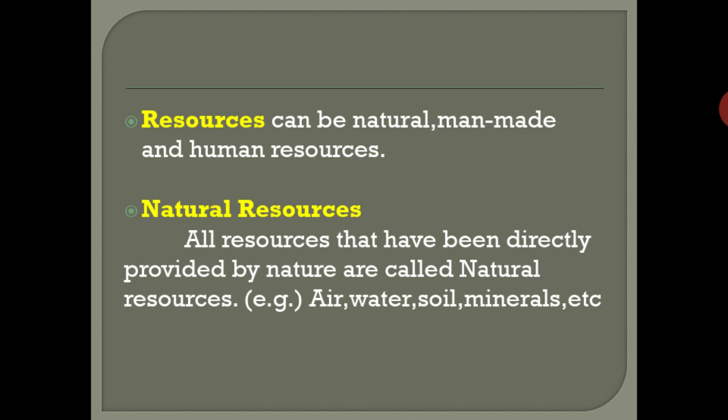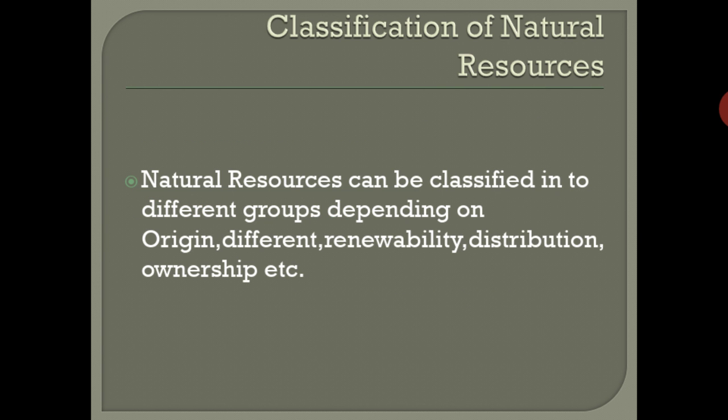All the resources that have been directly provided by nature are called natural resources: air, water, minerals, etc. What are all the things we are getting from the earth? Naturally we have them around us. These are all called natural resources.